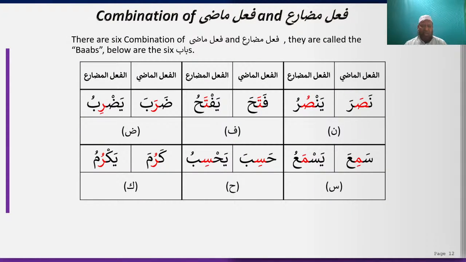Okay, these are the 6 babs combination. Nasara yansuru, if anyone says noon, you know it is nasara yansuru. If the dictionary says fa, it is from bab fataha yaftahu. If they say dad, it means daraba yadribu, sin means سمع يسمع, ha means حسب يحسب, and kaf means كرم يكرم. These are the 6 combinations of فعل المضارع.